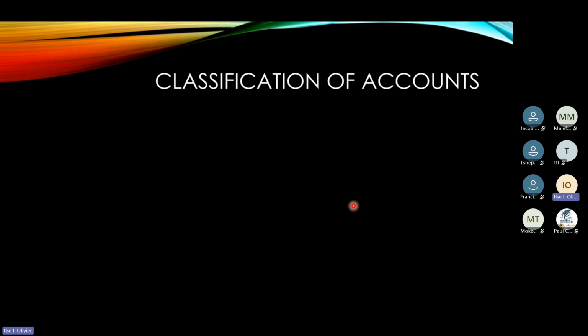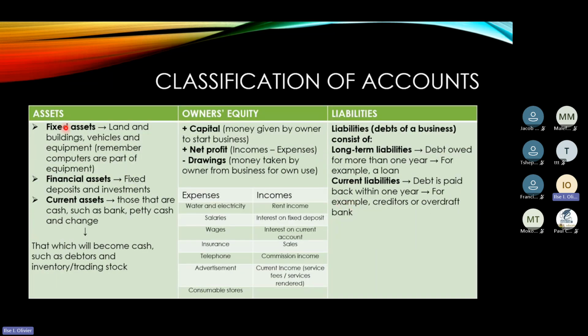Right. So if we look at the classifications of the accounts, if we have a quick summary, remember your assets equal your owner's equity plus your liabilities, where our assets are our fixed assets, financial assets, and current assets. Our fixed assets are land and buildings, vehicles, and equipment. Our financial assets are a fixed deposit or your investments.